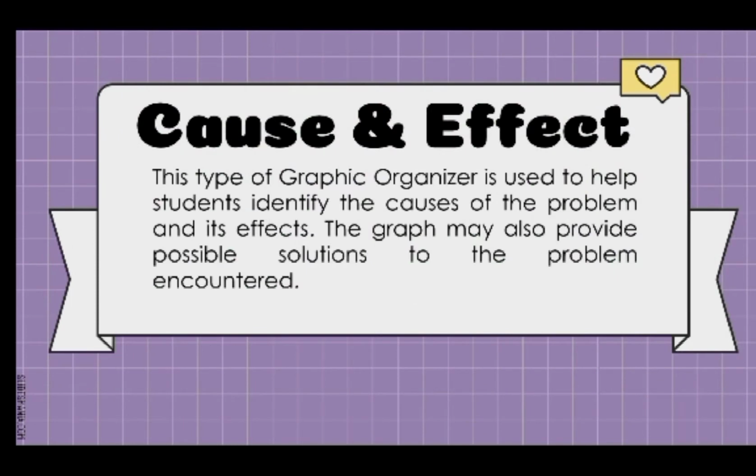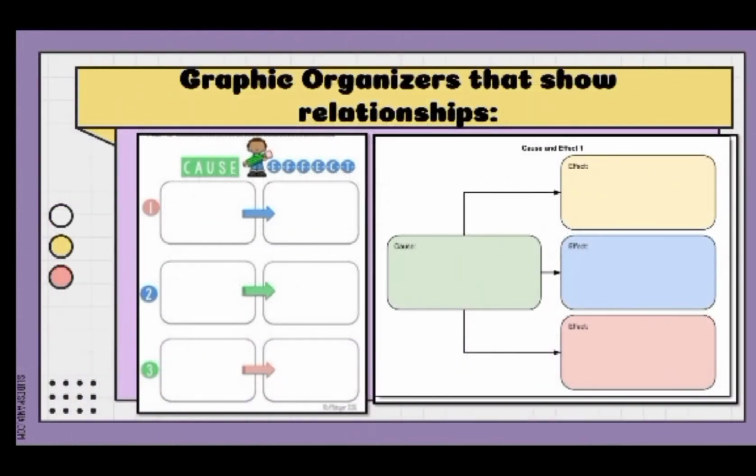This type of graphic organizer is used to help students identify the causes of the problems and, of course, its effects. The graph may also provide possible solutions to the problem encountered. So obviously, in this graph, the causes or reasons should be properly labeled, matched with their effects.